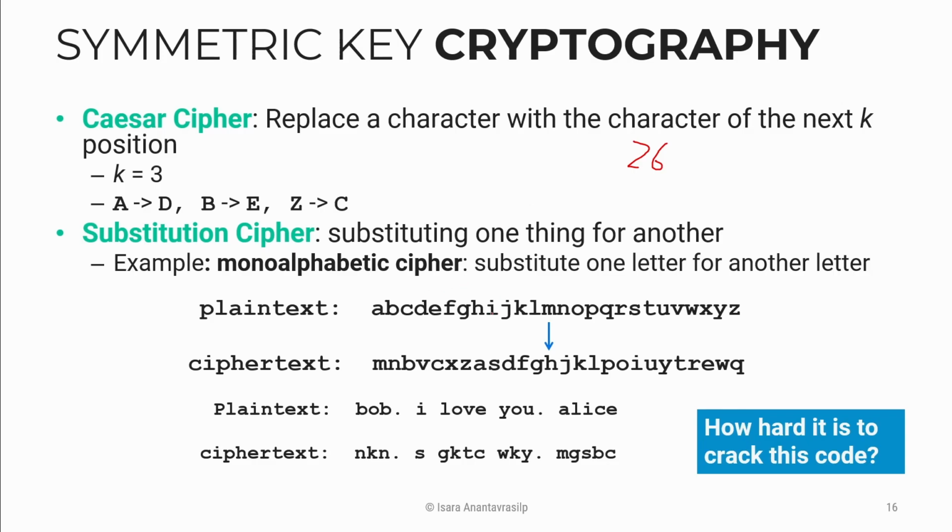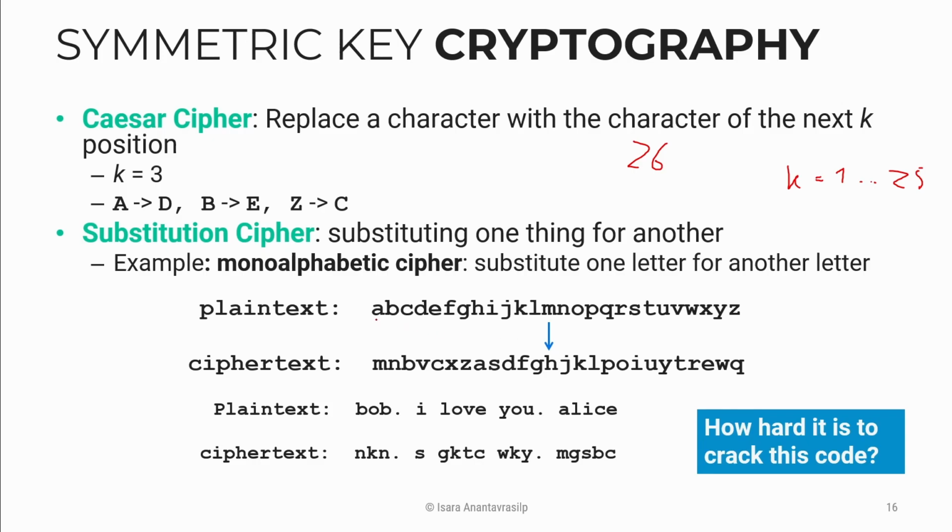Therefore our k could be between 1 and 25, because if we shift 26, it comes back to the same place. It wouldn't make any sense.